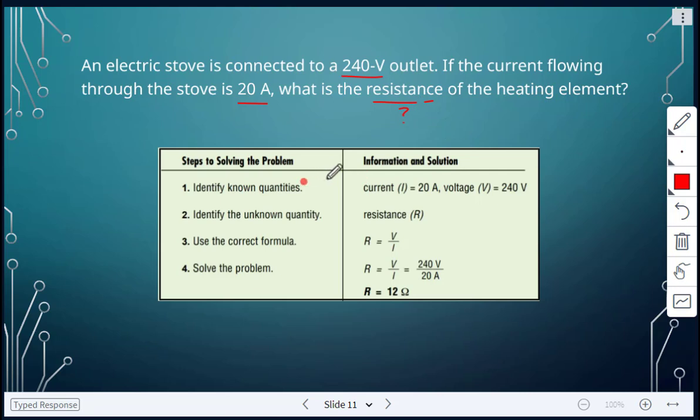So our known quantities: I is equal to 20 amps and voltage is equal to 240 volts. What we're trying to find is resistance. Make sure you're using the correct formula. R is equal to V divided by I. So 240 divided by 20 gives us an answer of 12 ohms. So the resistance is equal to 12 ohms.